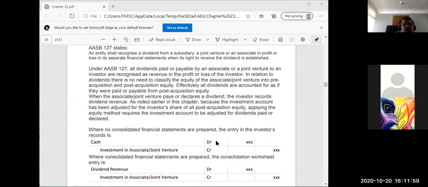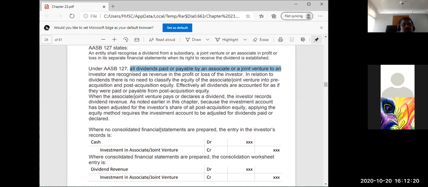What I want to talk about now is dividend paid and payables by joint venture and the associate, this part, where no consolidated financial statements are prepared.